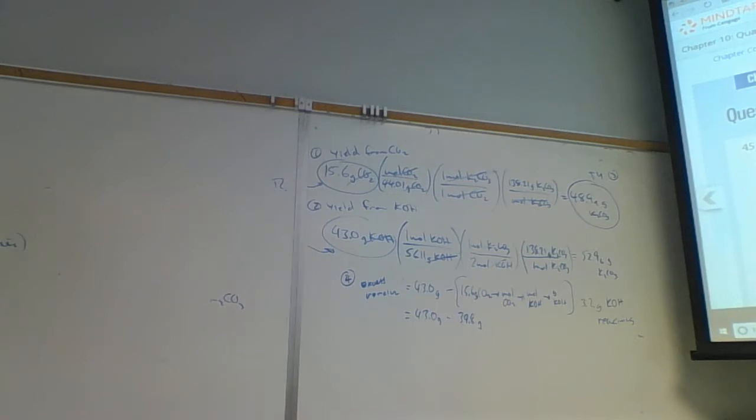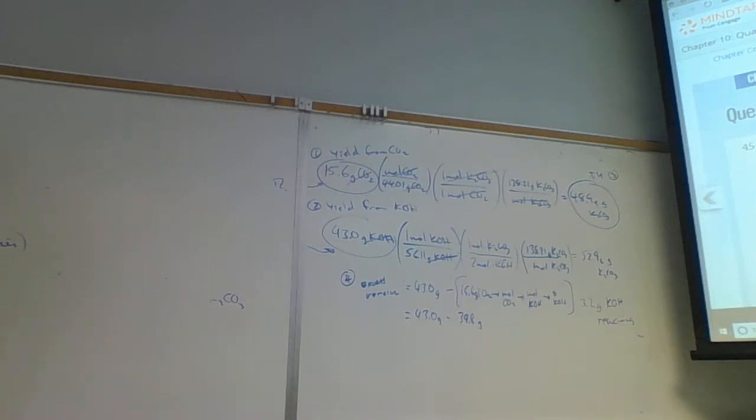If they're 5% losses, how many cookies do you need to make to get 100? How many cookies should you plan to make? This is the theoretical yield. 105. How many cookies should you plan to make? Was that theoretical or actual?